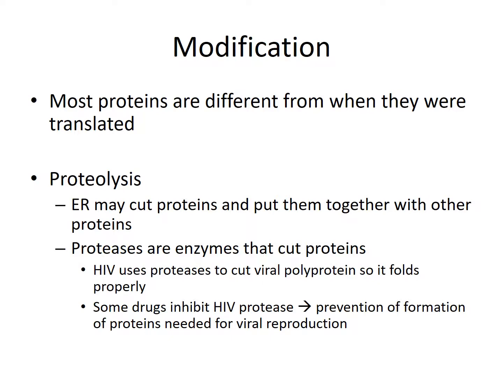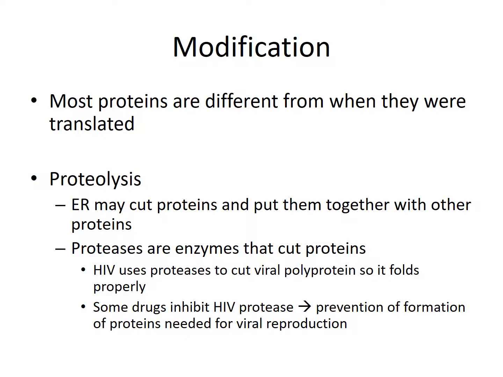One of the ways that proteins can be modified is through something called proteolysis, which, if you look at the words, proteo refers to protein, and lysis means to break up or to burst or to cut. Well, endoplasmic reticulum is one of those organelles that's responsible for modifying proteins. So inside the endoplasmic reticulum, that is going to cut the proteins up and make them into smaller proteins.